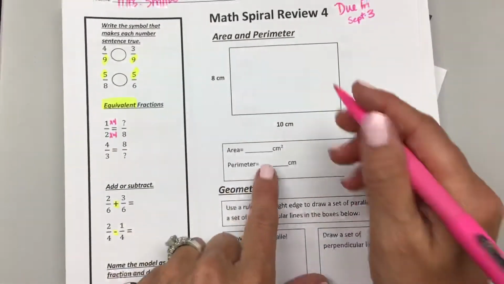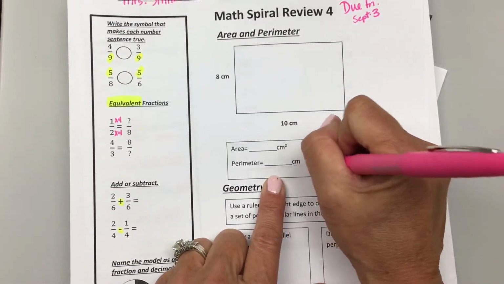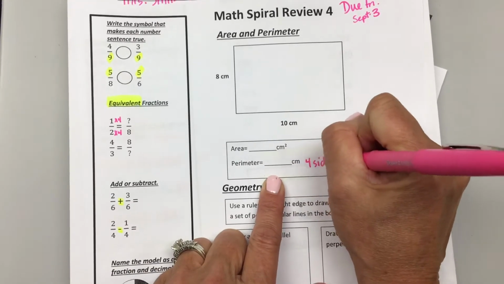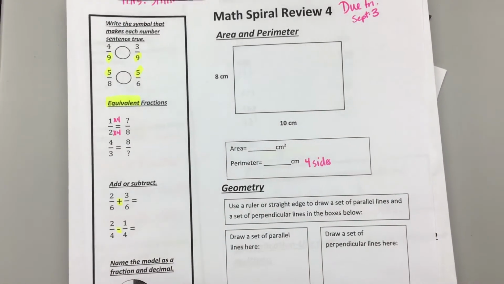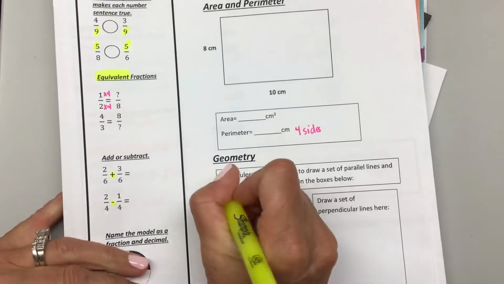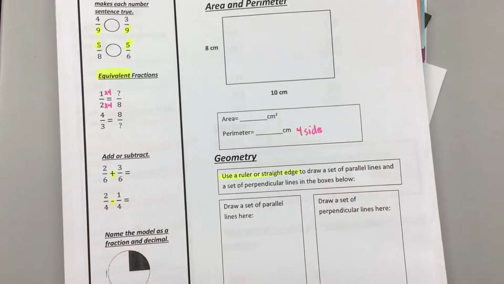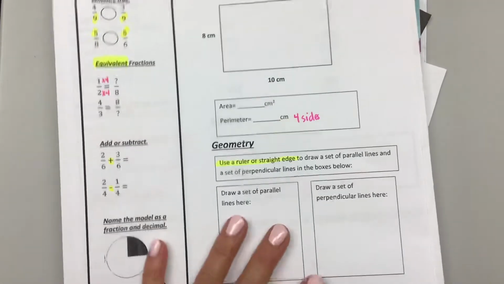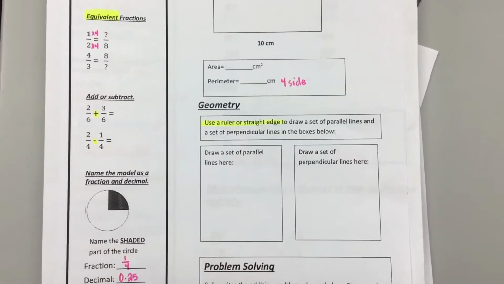Okay, we've been doing area and perimeter for a while. It's important to remember on our perimeter that this rectangle has 4 sides, not 2. Okay, and then we have our geometry. Highlight where it says use a ruler or straight edge. If you do not use a ruler or straight edge, you're going to lose points. We will not count it correct.